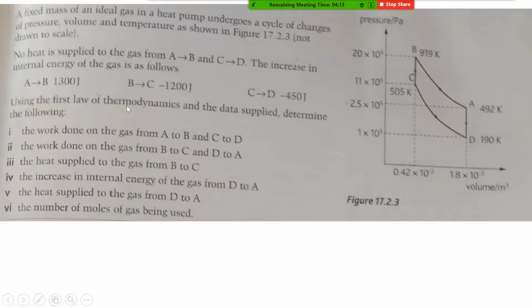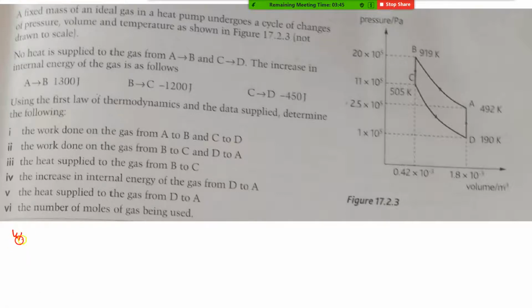It says that using the first law of thermodynamics and the data supplied, determine the following. The first thing they want us to do is to determine the work done on the gas from A to B and the work done from C to D. Let's see if we can do that.